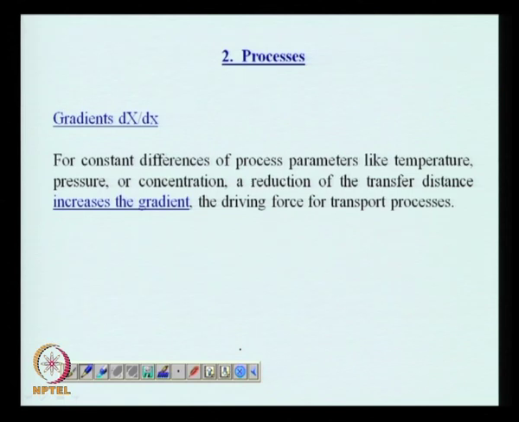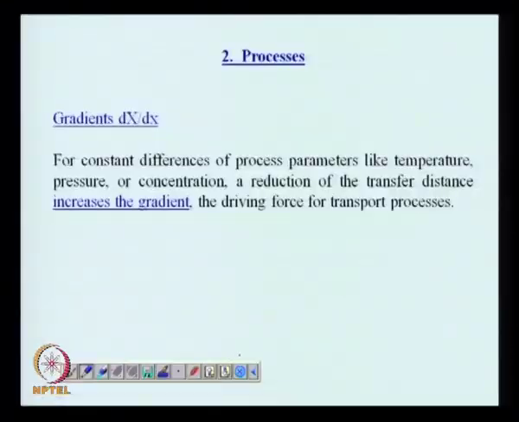So, these gradients are the driving forces for any kind of transport, and if we could increase the gradient, then the transport phenomena of that specific type will get enhanced.